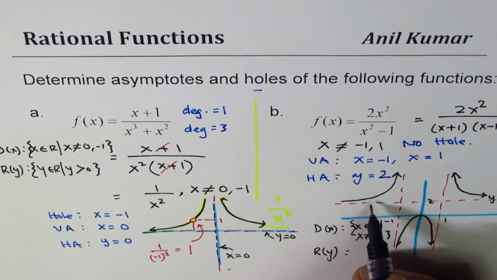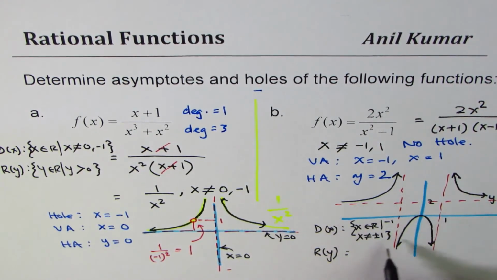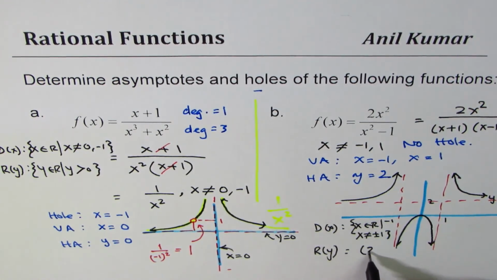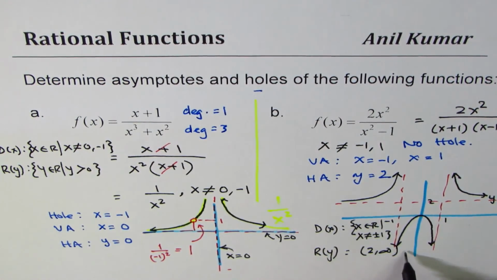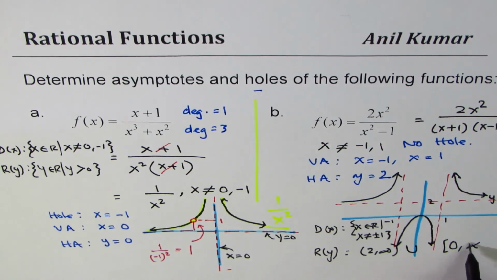What we find is that the range is greater than 2, where 2 is not included, so 2 to infinity, union less than or equal to 0. It could be 0 at x equals 0, right? So 0 to minus infinity. That becomes the range. Anyway, you've learned in this video how to find holes and asymptotes, including both vertical and horizontal, for given rational functions.